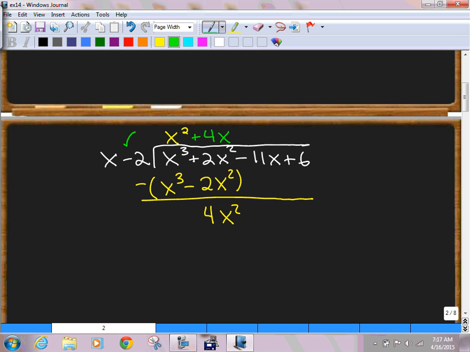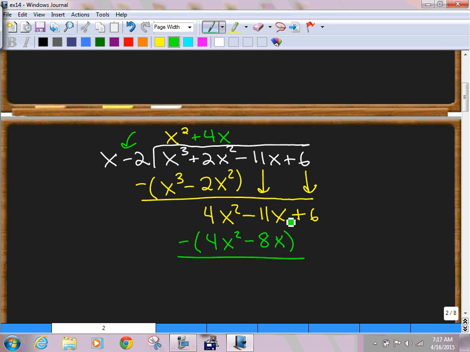When we multiply the positive 4x down, and sorry, I did forget one big important step, that's to bring down the rest. When we multiply 4x by this, we're going to get 4x squared by design, and then this will become a negative 8x. We would subtract these.